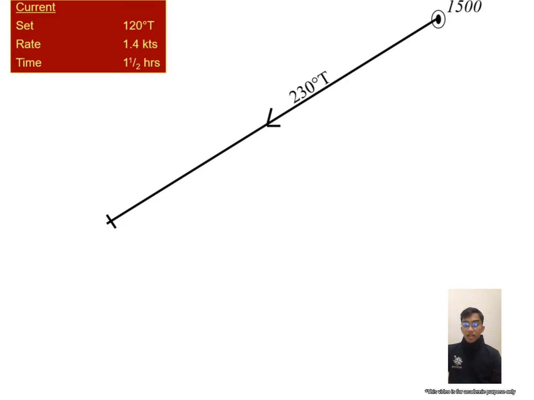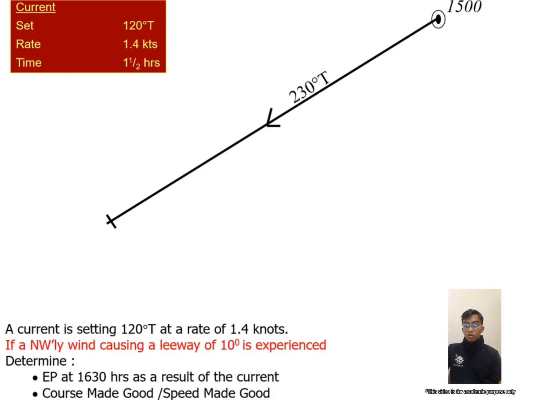You will draw 9 nautical miles because that would be the estimated distance of the vessel in the next 1.5 hours, based on the fact that it's doing 6 knots. And then at the end of the 9 nautical miles, you will draw a plus sign which will give you the dead reckoning position.